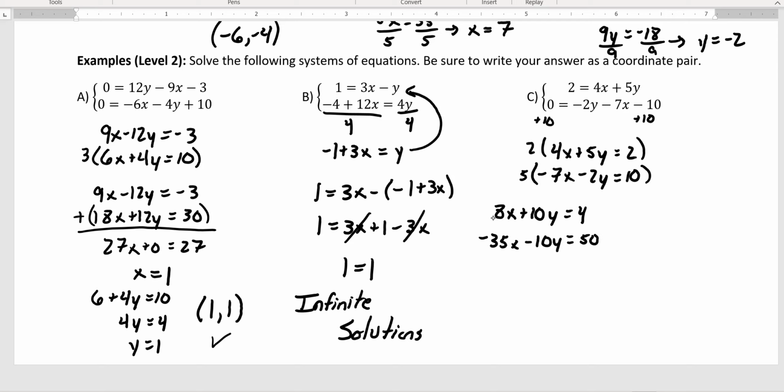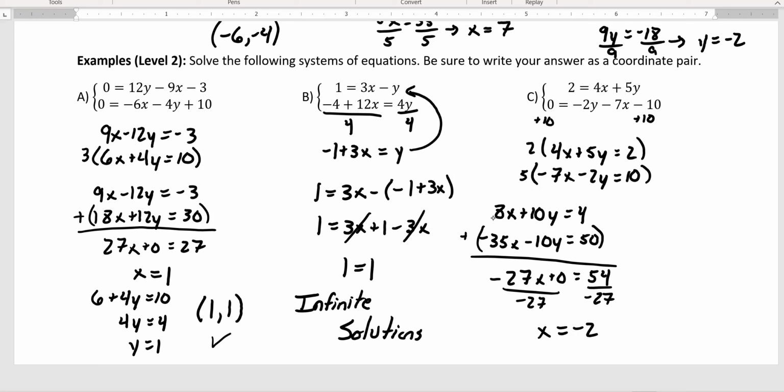Alright, and we are going to add these together since I have a positive and a negative. 8x plus negative 35x would give me negative 27x. 10y minus 10y would give me 0. 4 plus 50 is 54. Oh, this actually works out well. Divided by negative 27, 54 divided by negative 27 tells me that x equals negative 2.